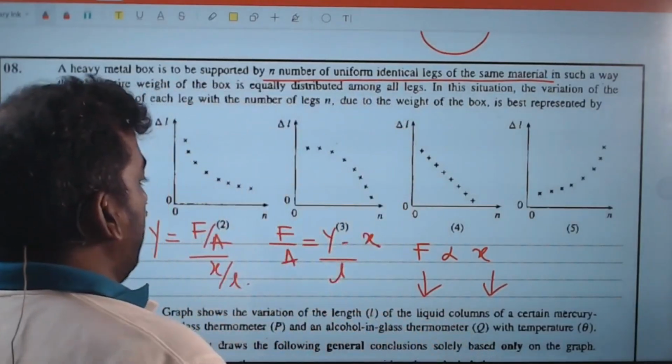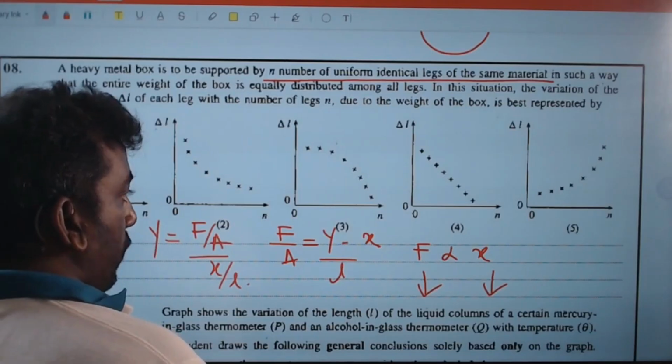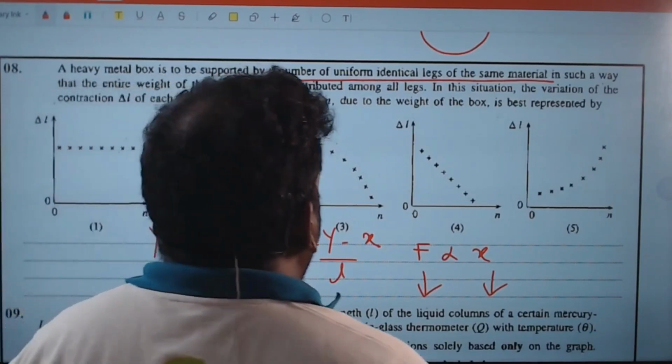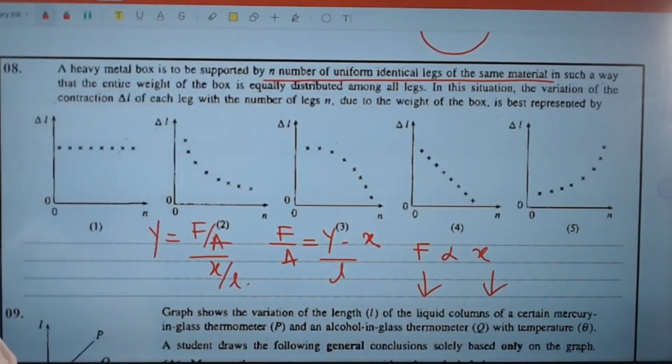So when number of legs keep on increasing, the force will also start to reduce. When the force starts to reduce, the compression will also reduce.